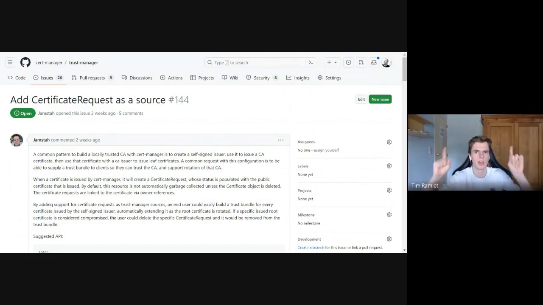Yeah, but if you have a self-signed one, and then you point the CA issuer to that, you limit the lifespan of the leaf certificate to not be longer than the lifetime of the CA.